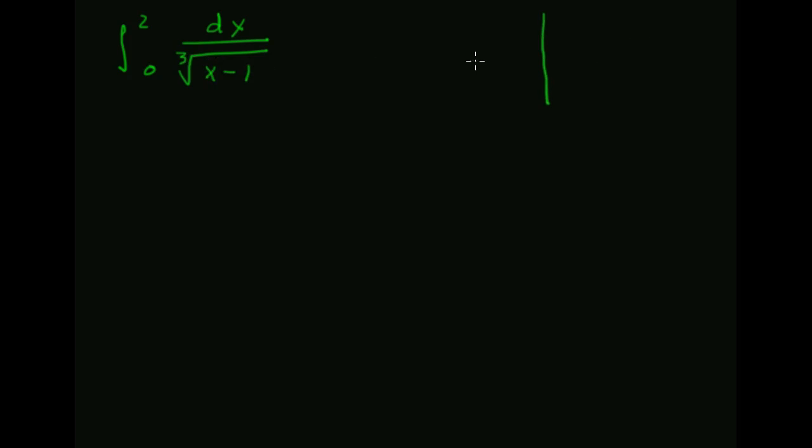If we did a sketch of this, we would get a vertical asymptote at 1 and a curve that basically looks like this. So we're going to ask, if I go from 0, that's this section, to 2, that's this section, and I add those, do I get something that is finite?